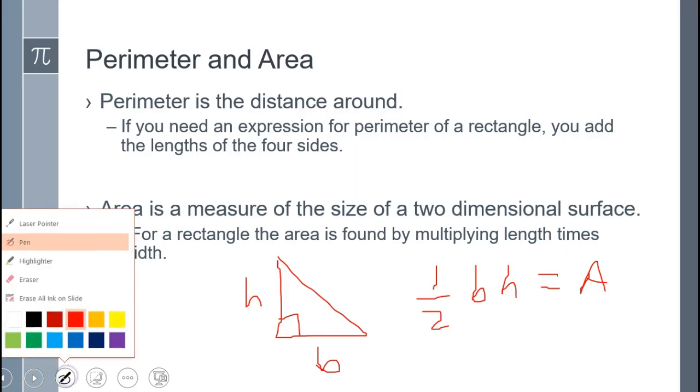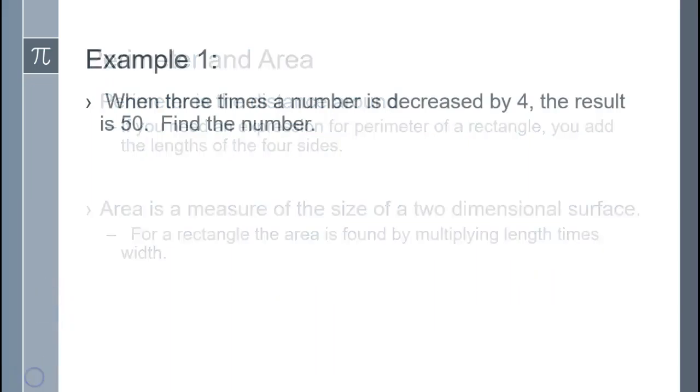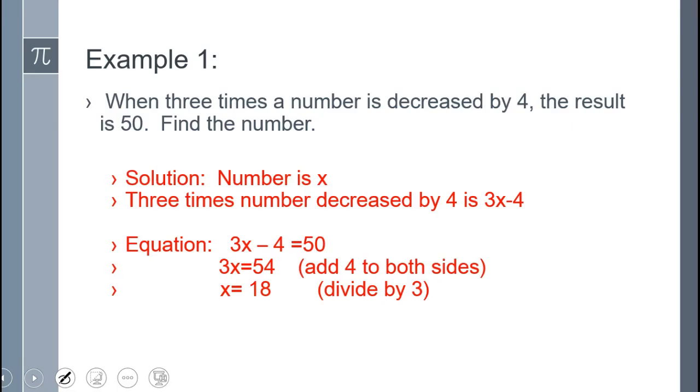So let's take a look at what else happens with word problems here. So here's an example. Now this one does not have a physical reality, it's just talking about numbers. When 3 times a number is decreased by 4, the result is 50. Find the number. So you're referencing everything to some number.